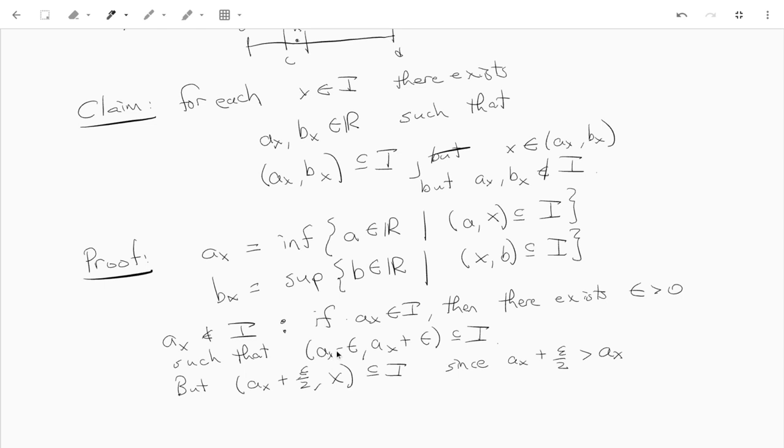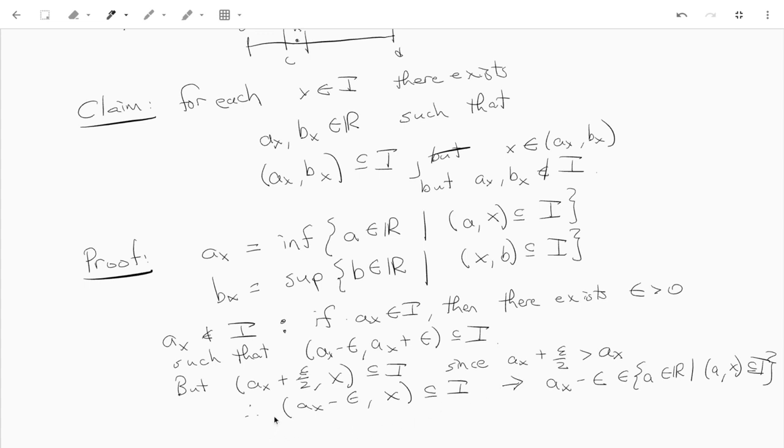Also, a_x minus epsilon to a_x plus epsilon is a subset of I, so their union is a subset of I. That tells us that a_x minus epsilon to x is a subset of I. But that means a_x minus epsilon is in the set of a's such that a to x is a subset of I. That means a_x is not the inf of this set, a contradiction.